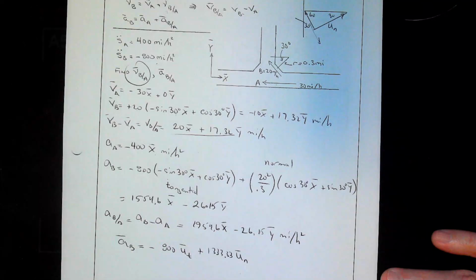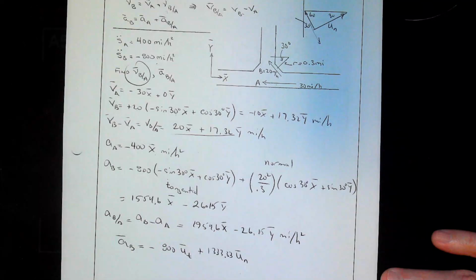Notice the sign goes in the x, so I have minus 20. I'll just leave the magnitude as positive. Then it would be minus sine of 30 x, plus cos of 30 y. Cranking that out, we come up with minus 10x plus 17.32y, in miles per hour.